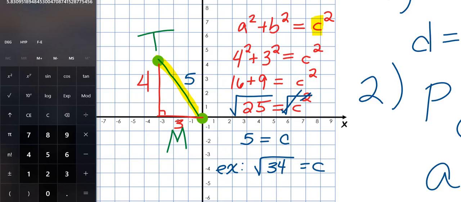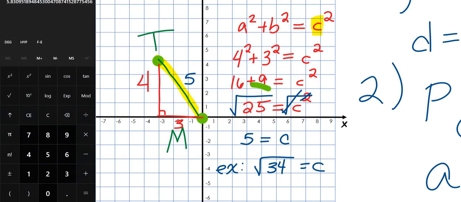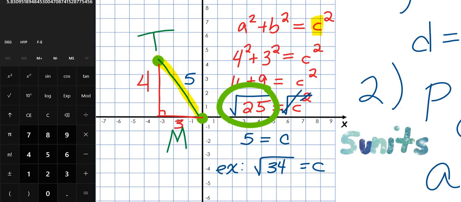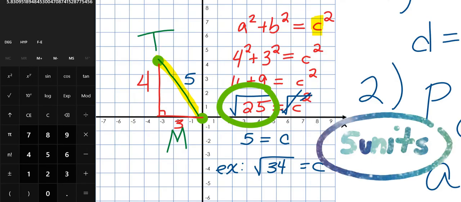So in the future, you're going to have to take the square root, and it's not going to be a pretty number, so you will need your calculator. But because in this question you had a perfect square, you did not need a calculator. Your final answer is 5 units. And I like to use this glittery type of cool font here. Okay? 5 units. Let's go on to the next question.